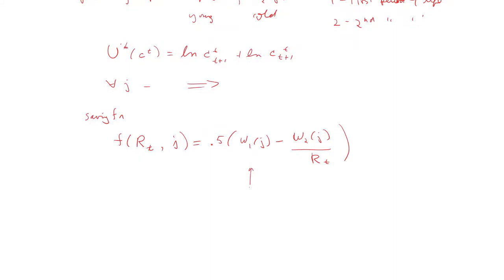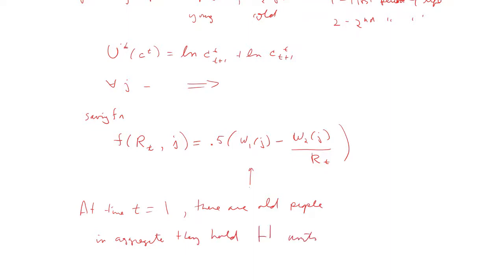And we're also going to say at time t equals 1, there are old people, they're initial old people, and in total, I'm not going to tell you much detail, in the aggregate, they hold H units of inconvertible currency.